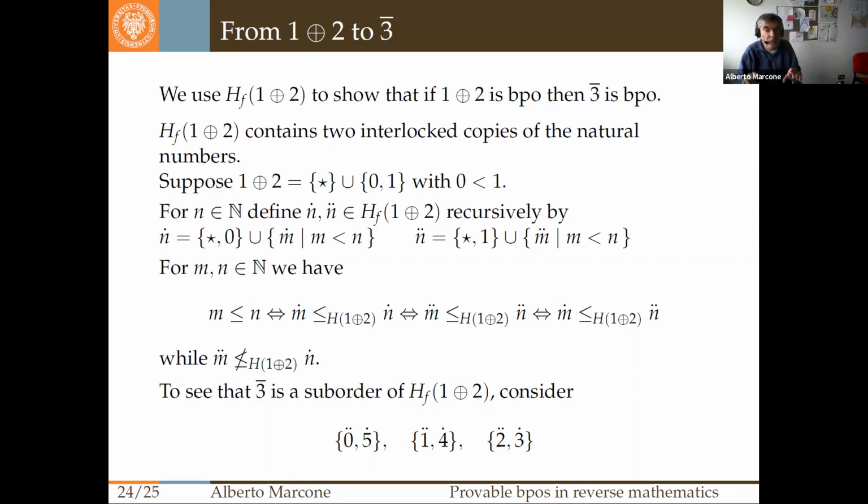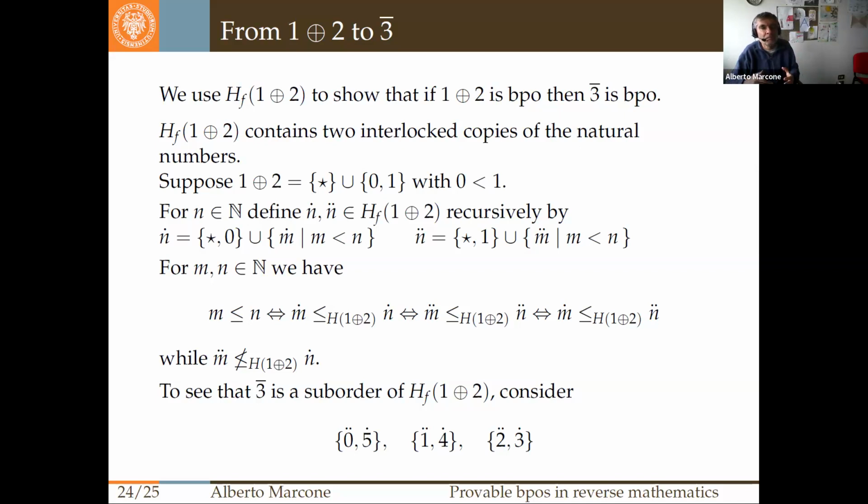And we know that HF of 1 plus 2 is a better partial order. So its restriction to these 3 elements will also be a better partial order, but this is clearly isomorphic to 3 bar. So by playing this trick, we are able to show that 3 bar is actually a better partial order.